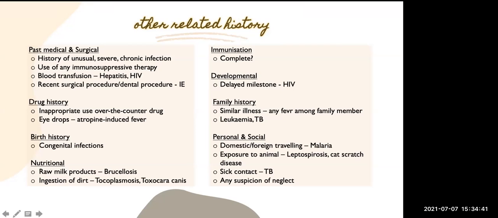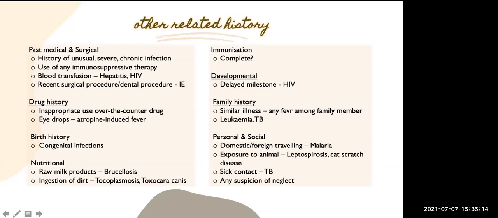Okay, and then for birth history, we ask if there were any maternal infections during the delivery. And then for nutritional history, basically we want to ask about ingestion of dirt or soil, because it is associated with toxoplasmosis. Okay, and then for immunization, whether they are completely immunized. And then for developmental history, any delay in milestones, because a patient with HIV can have impaired neurological and therefore impaired developmental milestones.